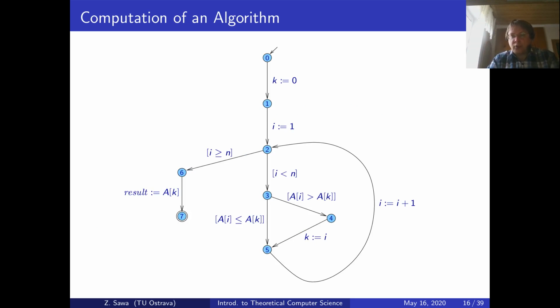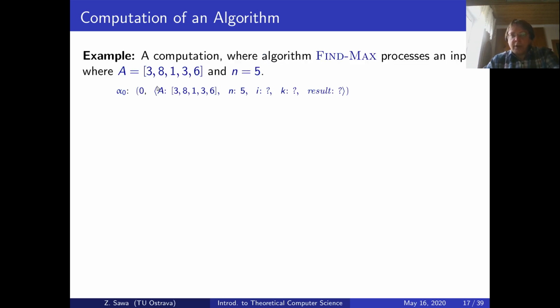We assume that the input is written in some variables, and at the end we also specify some variables where the output is written after the end of the computation. So let's say the input is given by the content of these variables A and N. So A is, let's say for concreteness, this particular array, with variable N containing value 5, which denotes the length of this array.